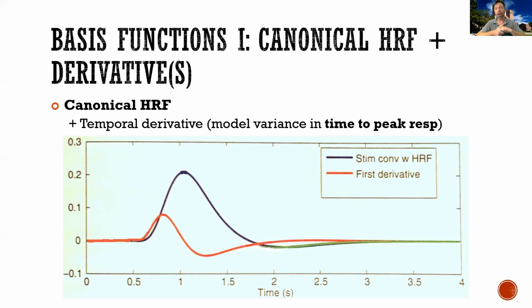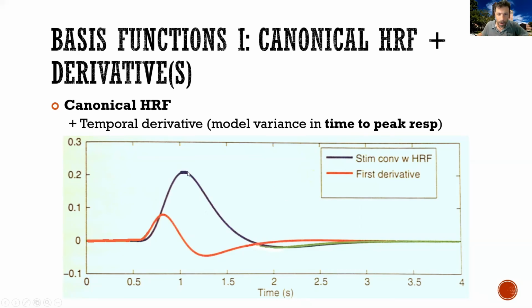And this models slight changes in the time it takes in the rising part of the function. So in other words, instead of just using one function, this blue function right here, we use two separate functions, which together can flexibly approximate somebody's individual response.